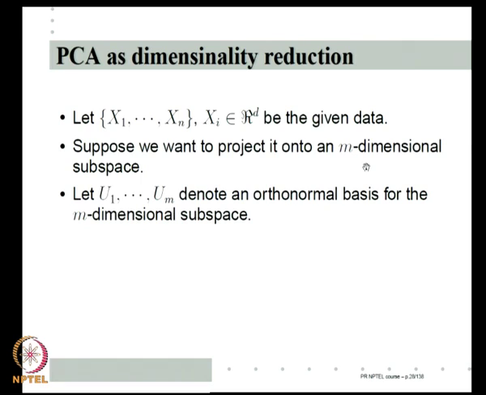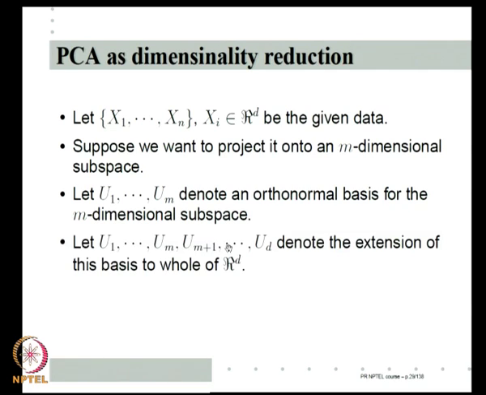Right. So, let us say u1 to um denotes the orthonormal basis for the m dimensional subspace. So, ultimately you want to determine the vectors u1 to um because they determine the subspace. The subspace of course is given by its basis and we will choose an orthonormal basis. And because that will be a subspace of Rd, if I add um plus 1 to ud, it should become an orthonormal basis for Rd.